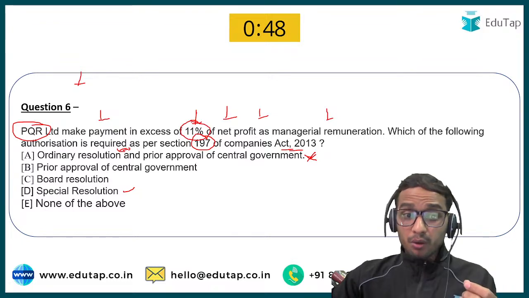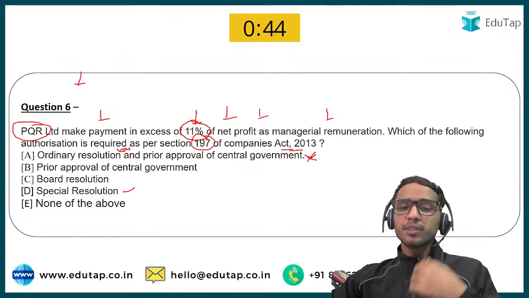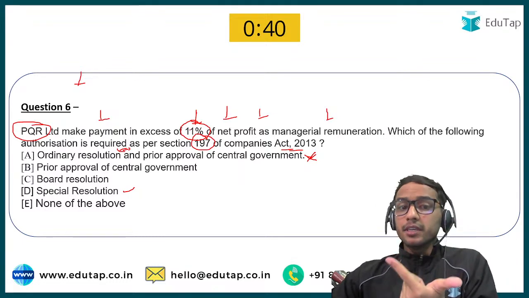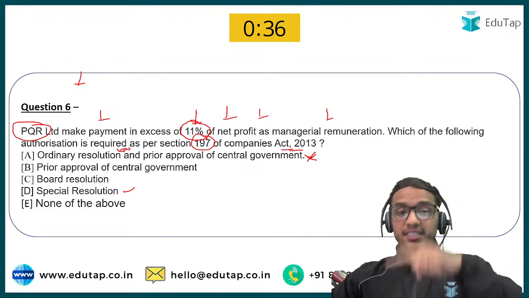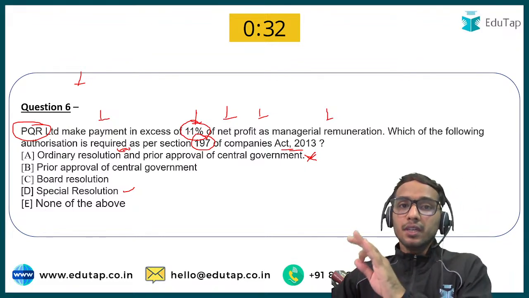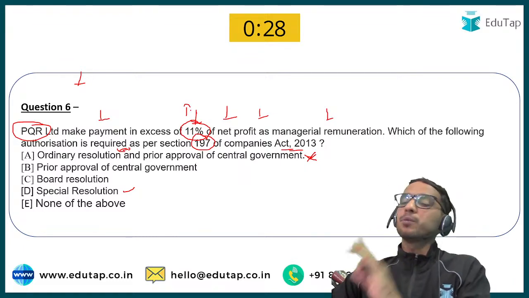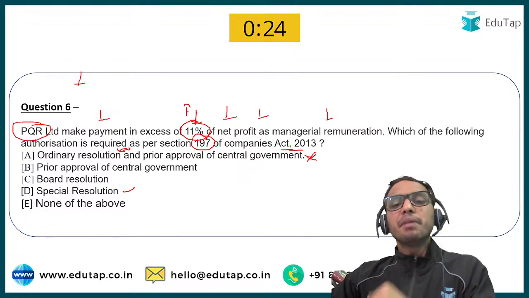So now this 11% becomes very, very important from the examination point of view. See, I have framed this another question, whether special resolution is needed or ordinary resolution is needed. But the question can ask you in the examination, tell us the percentage criteria as per section 197 of the Companies Act 2013. Up to which percent of net profit can be paid as the managerial remuneration?